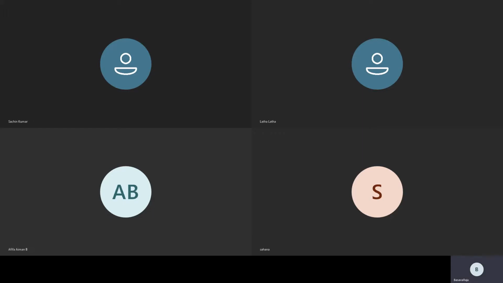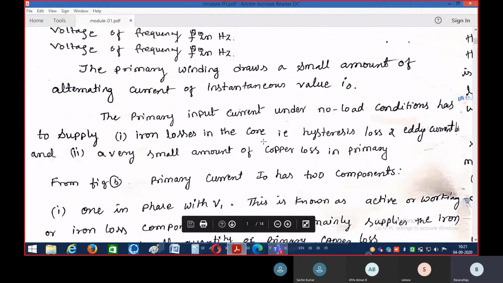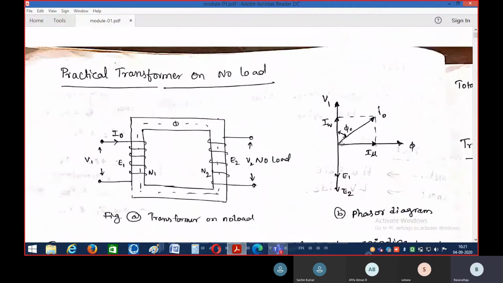Okay, so just now we discussed that the I0 current is split into two currents: the magnetizing component of current and the working component of current. The vector sum of the working component of current and the magnetizing component of current gives the no load current I0, which is carried by the transformer during the no load condition.